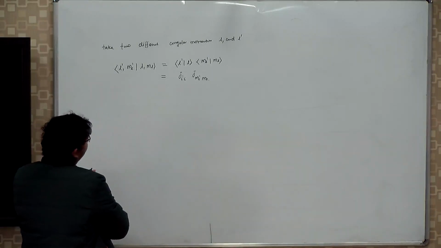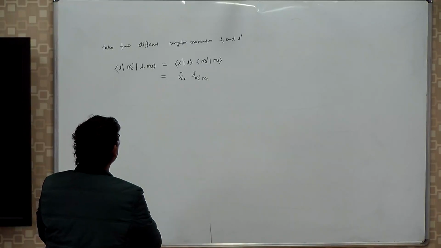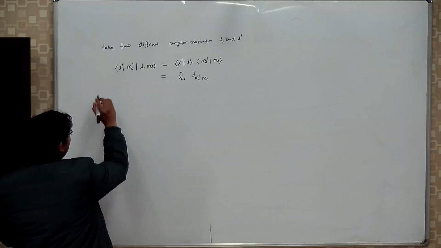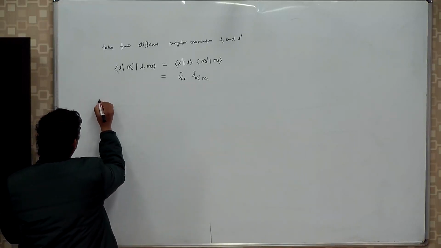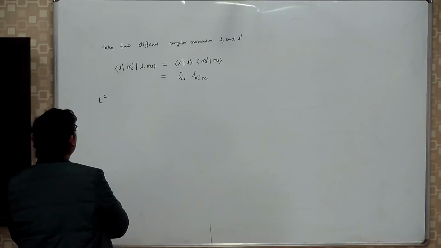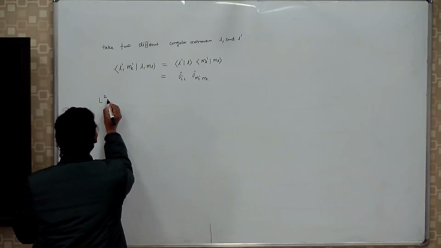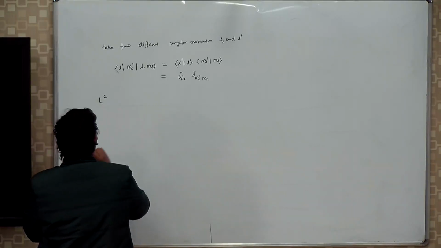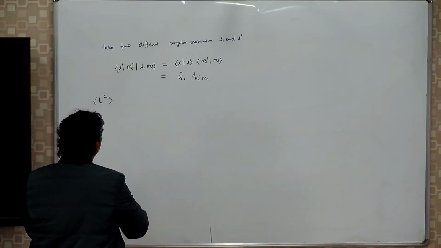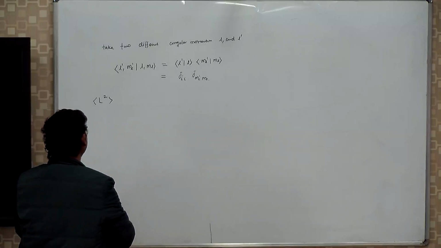Let's start with writing the total angular momentum L squared in matrix form. For the matrix representation of L squared, we have to take the expectation value of L squared with different angular momenta L and L dash.